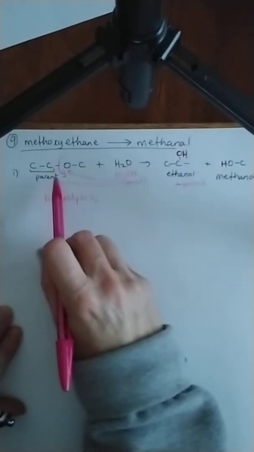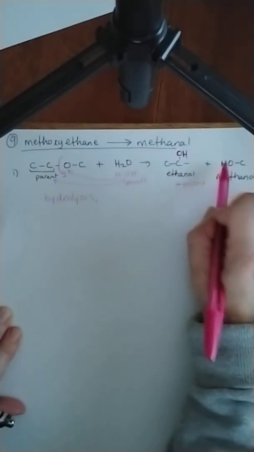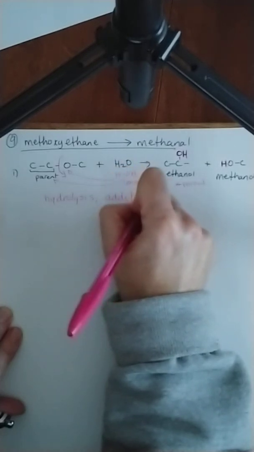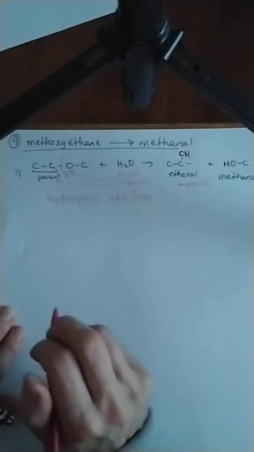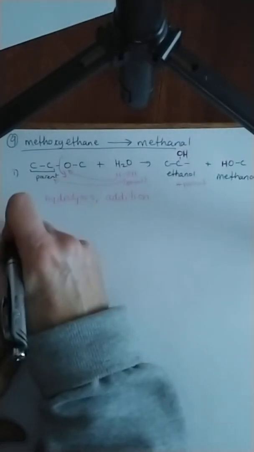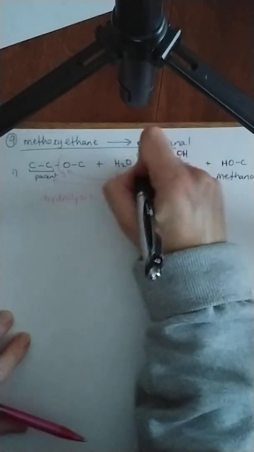And because I've added an OH to one compound and an H to the other compound, it's also an addition reaction. It's not a substitution because we didn't substitute one atom for another and we didn't eliminate anything. We don't have any byproduct here. And the last thing is whenever you add water, you need concentrated sulfuric acid.